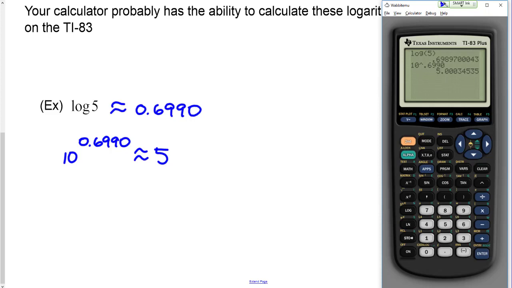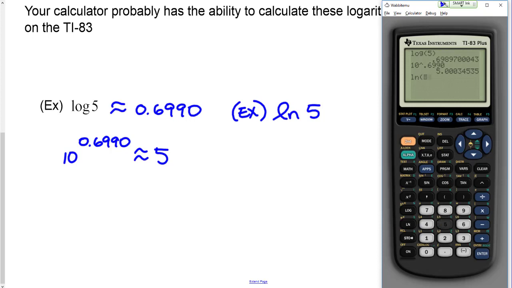So let's see, a couple of others. Let's say, for instance, we want to do a natural log of 5. So if I wanted to do a natural log of 5, then I would come over to the calculator and use the ln key. That's going to be a log base e.